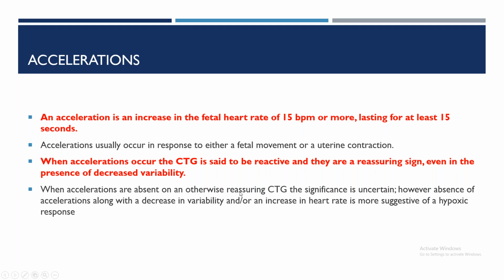When the accelerations are absent on an otherwise normal CTG, the significance is uncertain. But when there is absence of acceleration along with decrease in variability or increase in the baseline heart rate, it is more suggestive of gradually developing hypoxia.